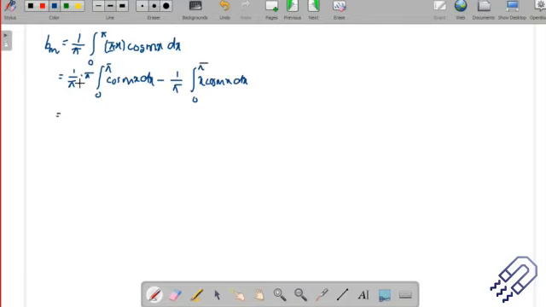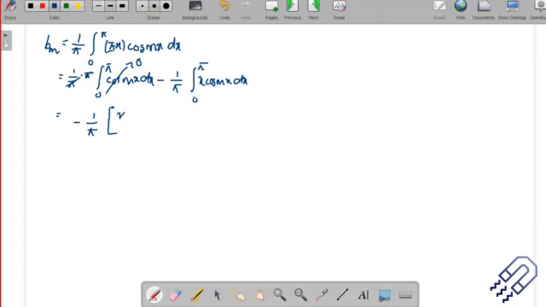So this pi gets cancelled. This will become sine, from 0 to pi, so straight away I'll write it as 0. Let me not take too much trouble here. 1 divided by pi, and this one, integration by parts maybe again.